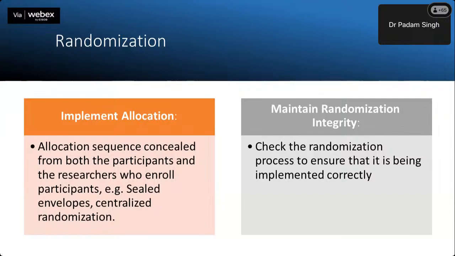This is not done by the researcher. This has to be done centrally. And the integrity of the randomization we have to maintain, and we have to ensure that जिस तरह से randomization किया है, the participants are allocated according to that only, correctly. Next.